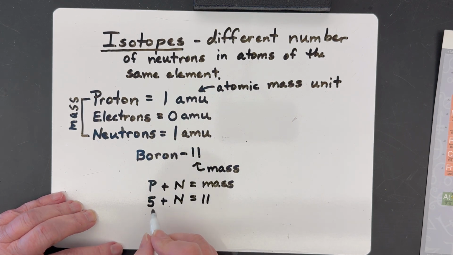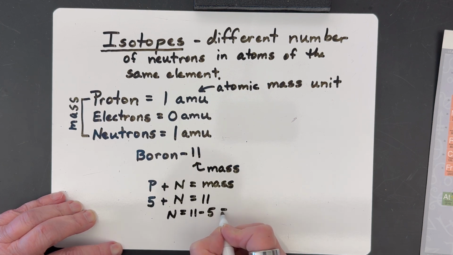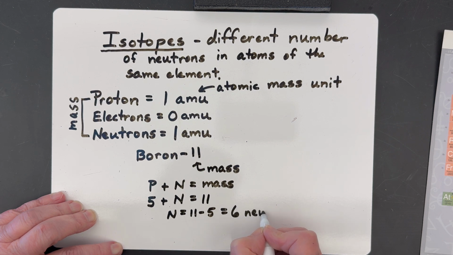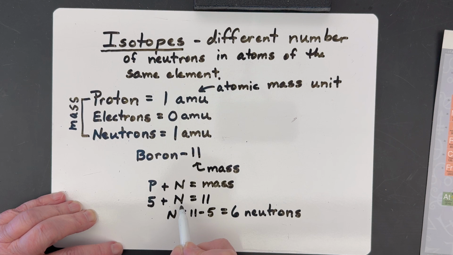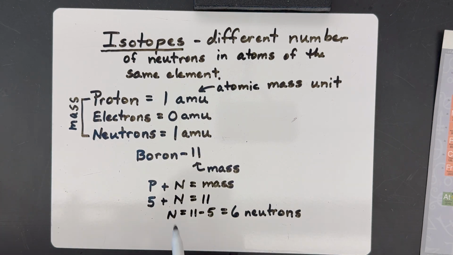So we are going to subtract 5 from both sides, and that will get the 5 off of the side, and we'll just have the neutrons, and 11 minus 5 is 6 neutrons. So we have 5 protons plus 6 neutrons equals a mass of 11, because each proton and each neutron has a mass of 1 atomic mass unit.